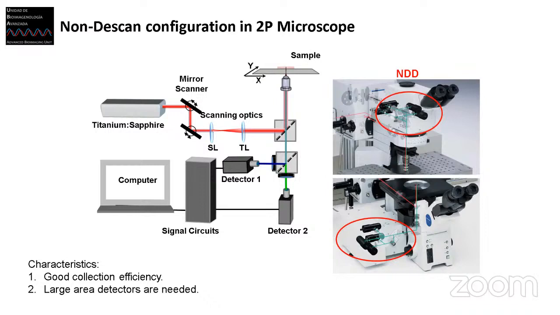In the non-descan mode, we have our laser, and the light goes again through our scanning optic and the sample. But we can pick the light before going back to the scanner, which cancels the movement of the beam, and we can pick the light here and focus the light on our detectors and form an image just from the volume that two-photon excitation is giving here.